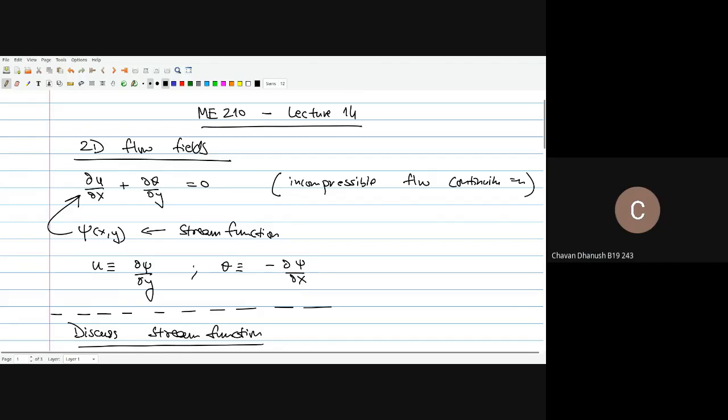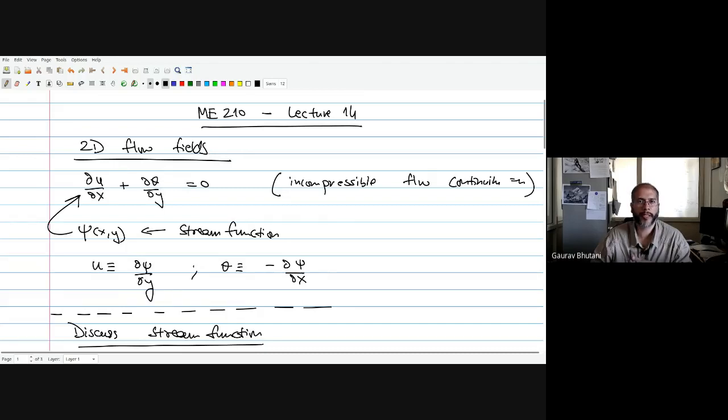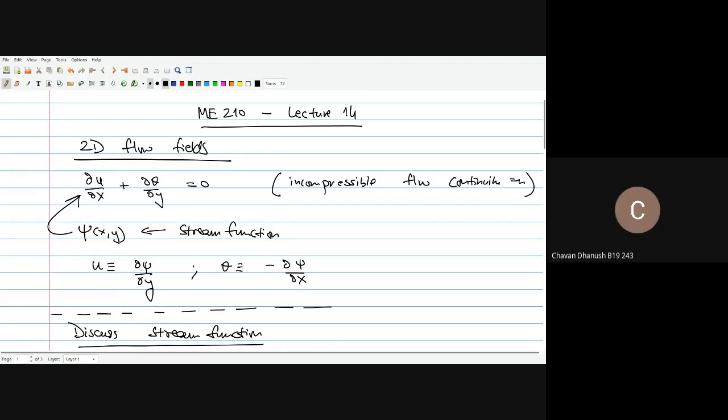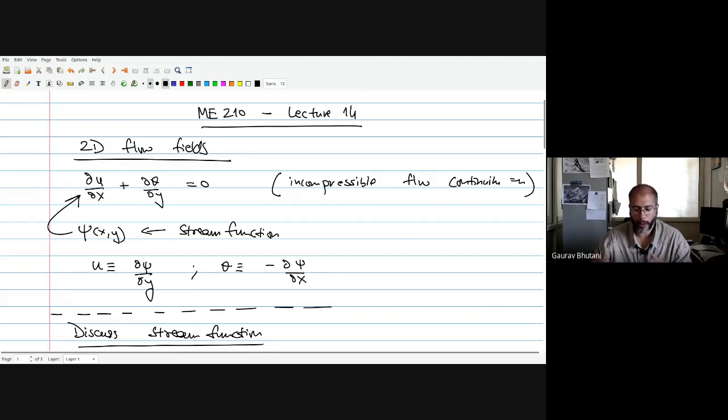Is it just to solve, or is there any reason that we have taken it? It is for mathematical convenience, because if we do that, then instead of finding u and v, we can only find psi. Yes, I get it. But it will not always be that you can define a psi. You can only define a psi if your continuity equation is satisfied.